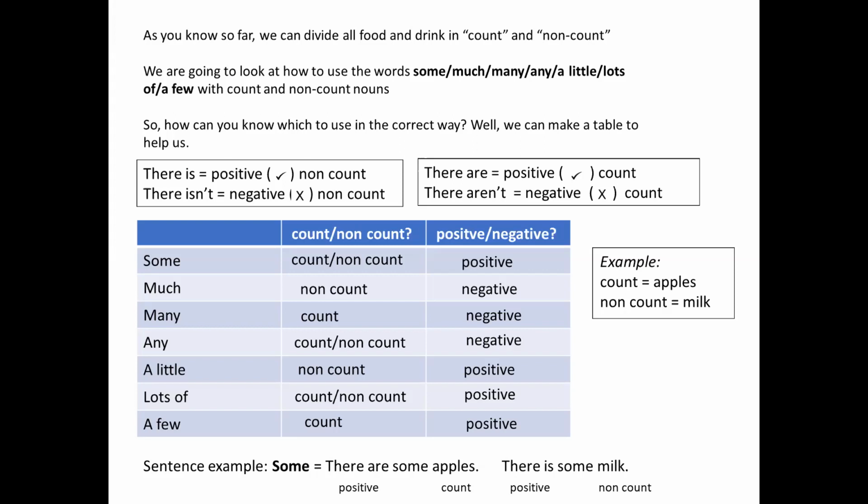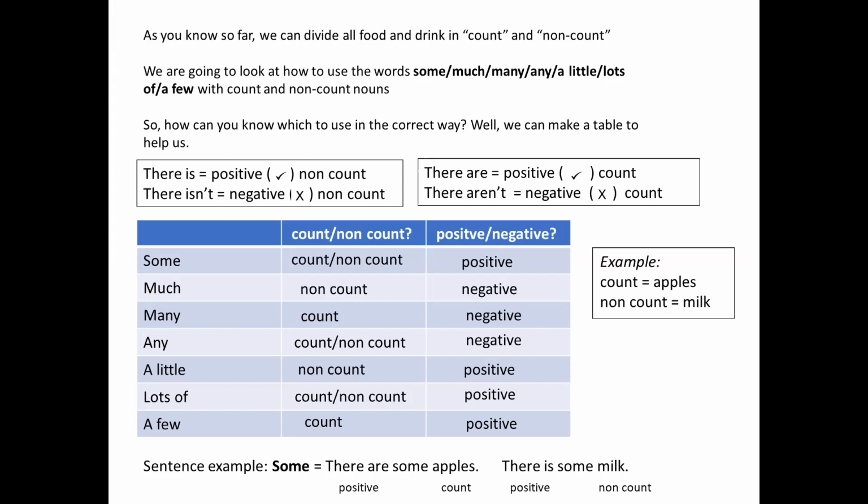At the bottom of the page, I've given you an example about how to use some. So looking in the blue chart, we know we can make 2 sentences with some, right? We can make 1 count sentence and we can make 1 non-count sentence. For example, there are some apples. Count. There is some milk.